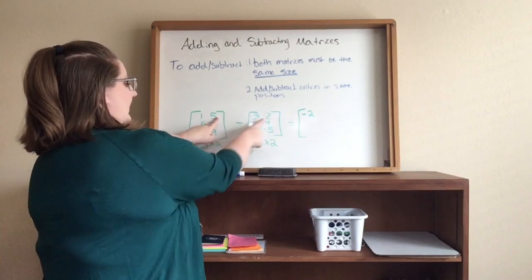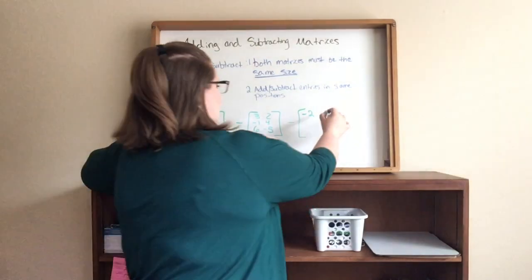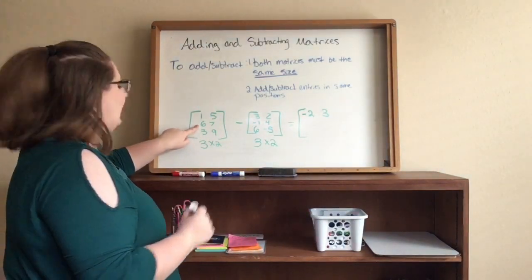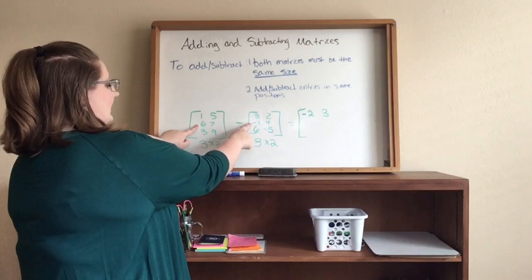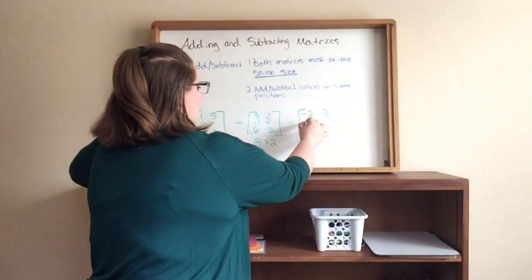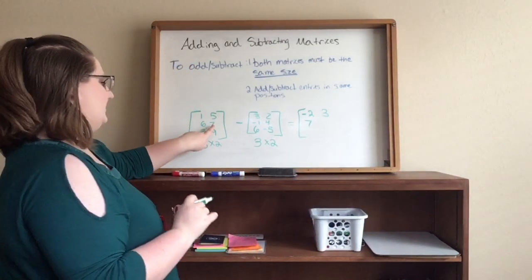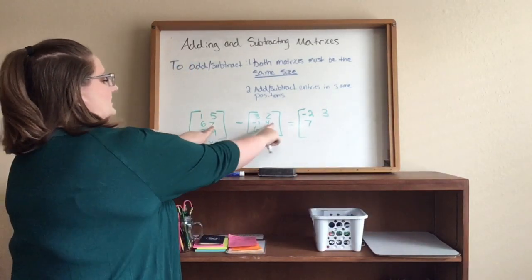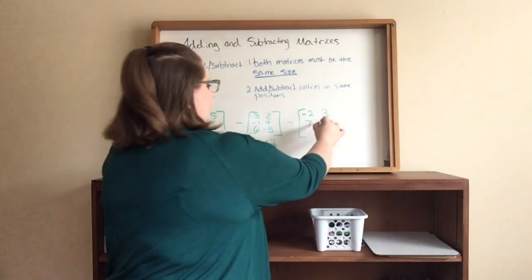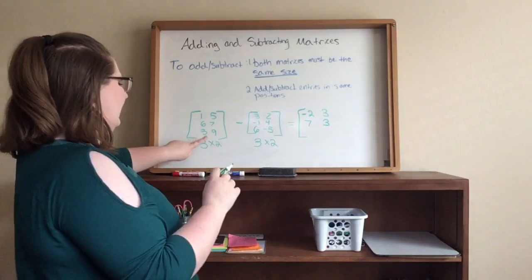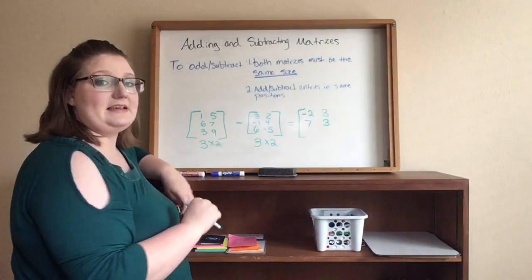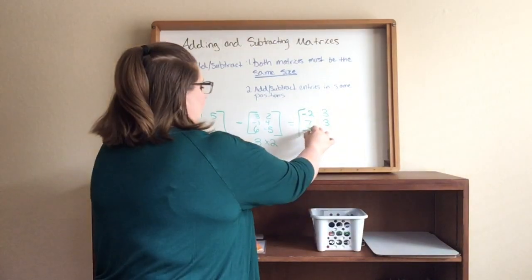So 5 minus 2 is 3. Next, we come down to 6, and we do 6 minus negative 1. 6 minus negative 1 is 7. Next we have 7 minus 4, and 7 minus 4 is 3. And then we come down here at the very last row, and we have 3 minus 6, which is negative 3.